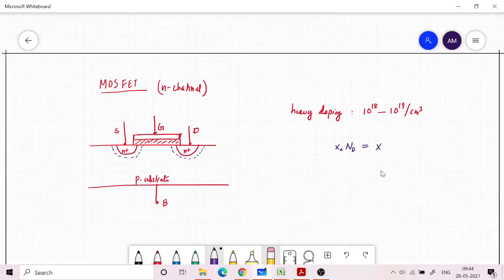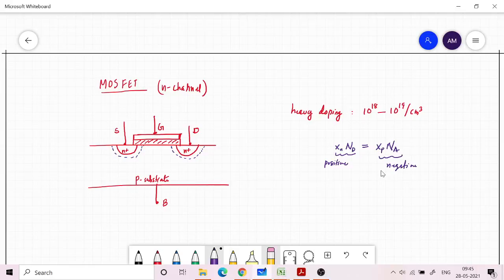So if the width is say Xp, then this will be Na. Okay, so this will be the charge equivalence at the depletion region. On one side of the junction you have negative immobile charge and on the other side positive immobile charge. In the case of this junction, the N plus region will have positive charge. So this is the positive charge per unit area, and this is negative, and they both should be equal.